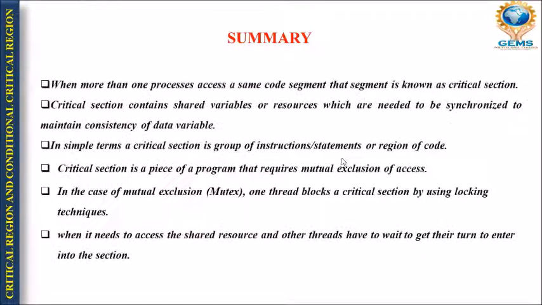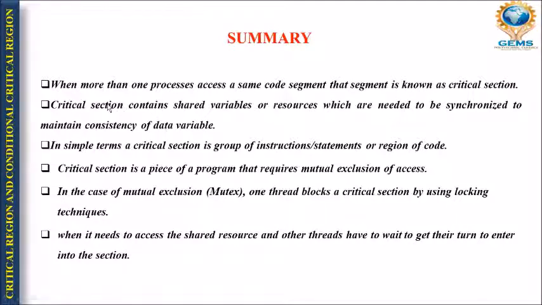So let's talk about the summary of what we have discussed so far in this video. First, when more than one process accesses the same code, that is known as your critical section. Second, the critical section contains shared variables or resources which need to be synchronized to maintain the consistency of the data variable.